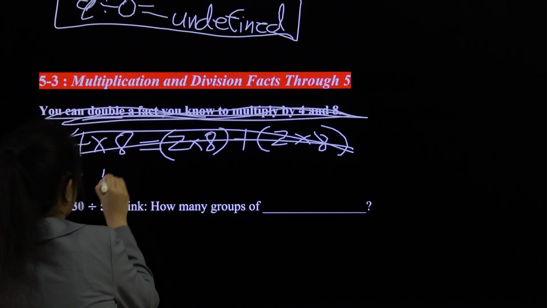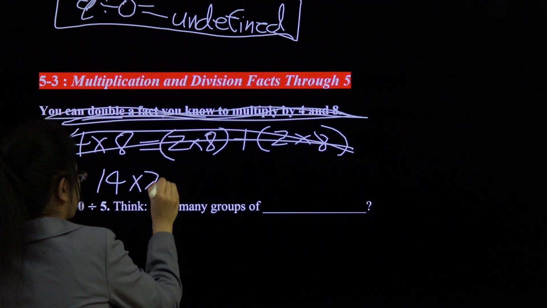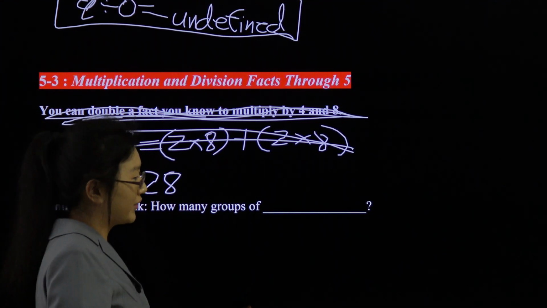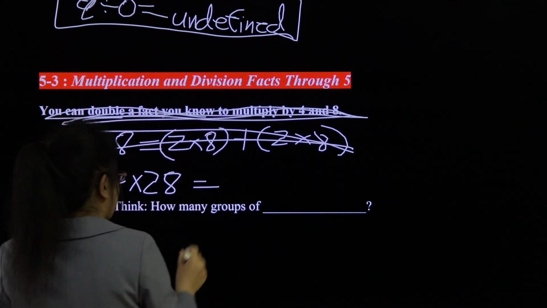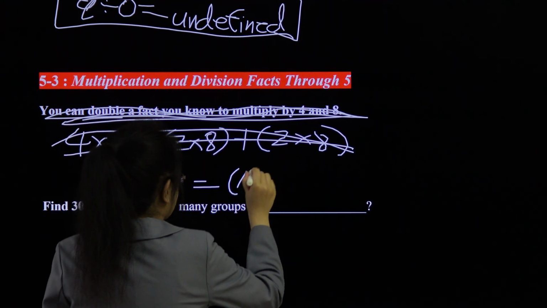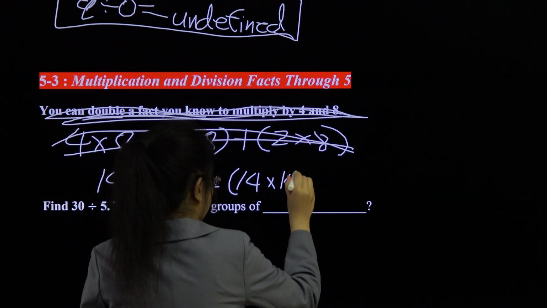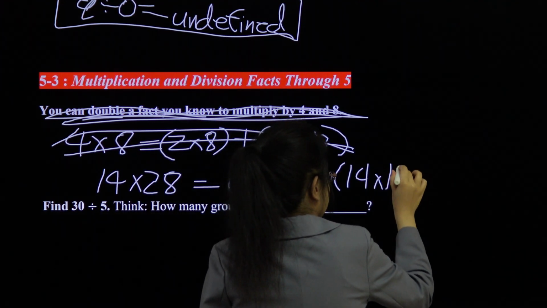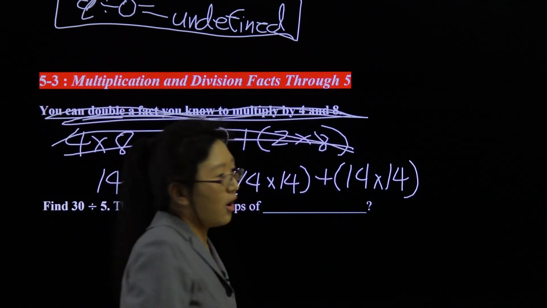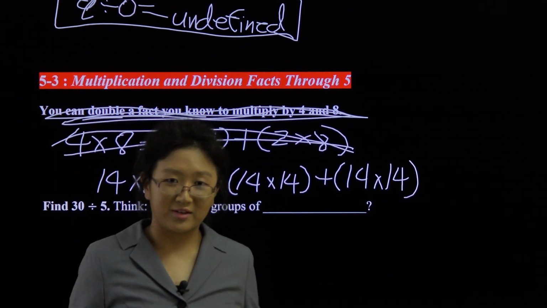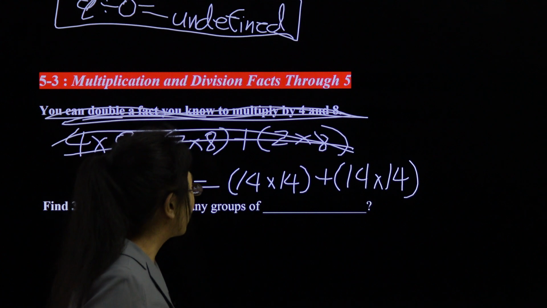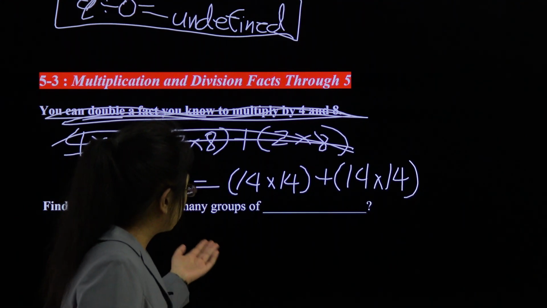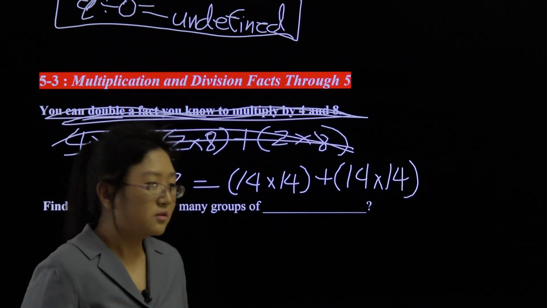Because if you have something like 14 times 28, and you're like, oh dear, I don't want to get a piece of paper and I don't have a calculator. What do I do? Well, I know that 14 times 28 equals 14 times 14 plus 14 times 14. Now, all of you might be looking at me confused, going like, this teacher's crazy. What is 14 times 14? How do you know what it is?